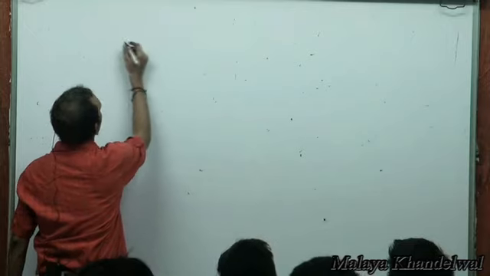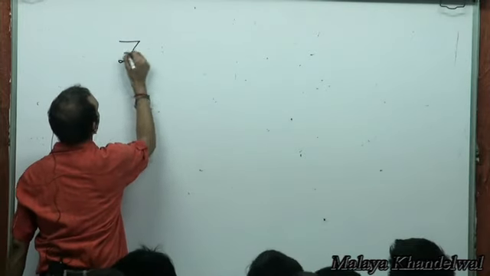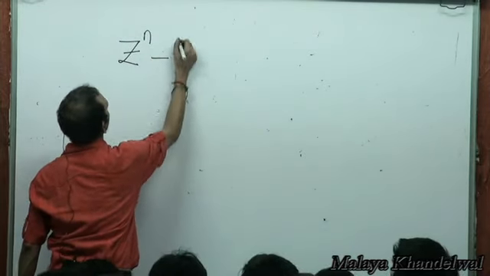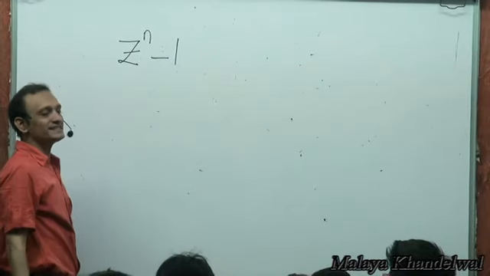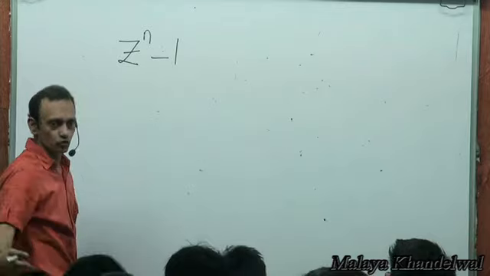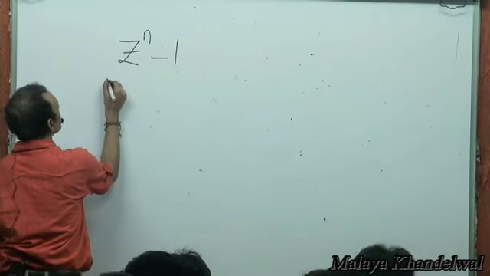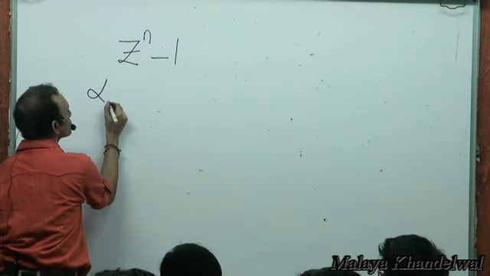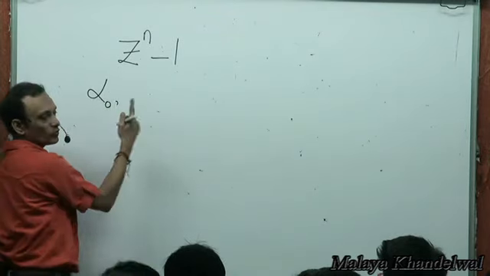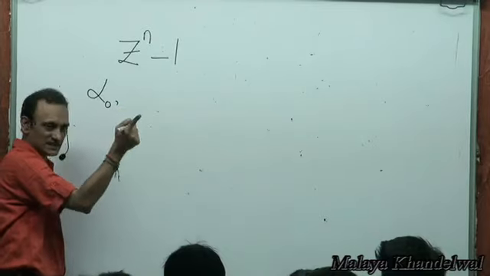See, z power n minus 1, right? It has n roots. The n roots of unity. Say, let me just change notation for a few minutes. Say alpha 0 would be for k equal to 0, that is like z0.